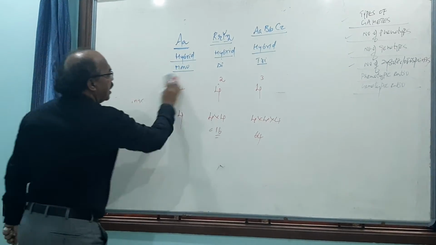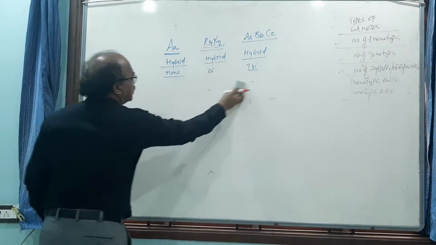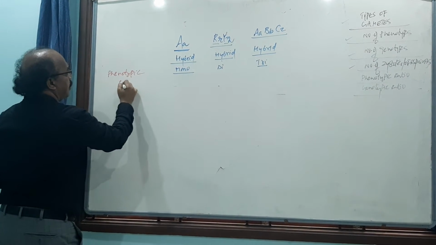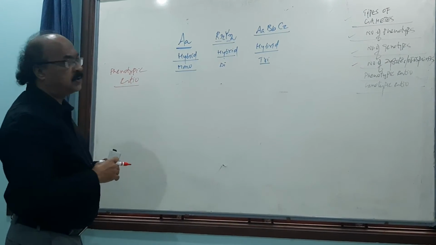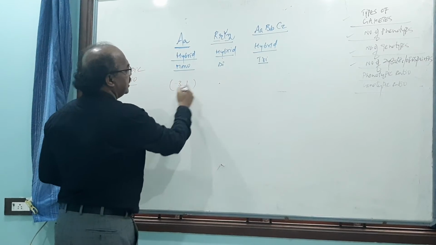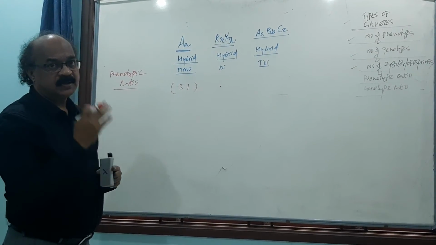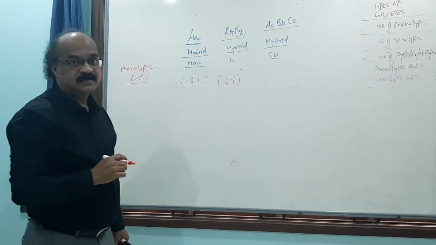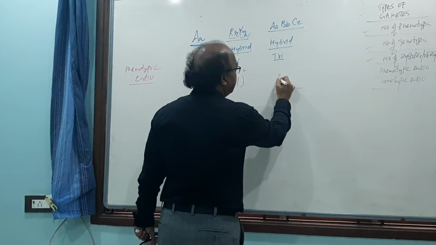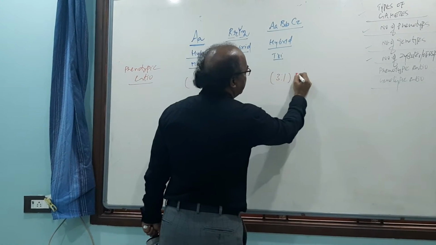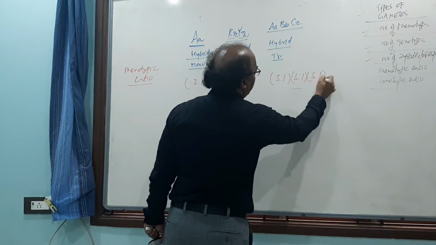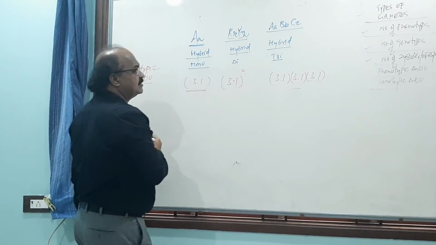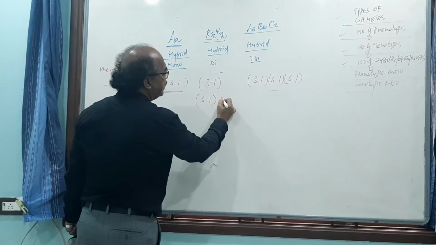Next, coming to the phenotypic ratio. Phenotypic ratio in a monohybrid cross is 3:1. In a dihybrid cross, it is 3:1 squared, that is, 3:1 multiplied by 3:1.